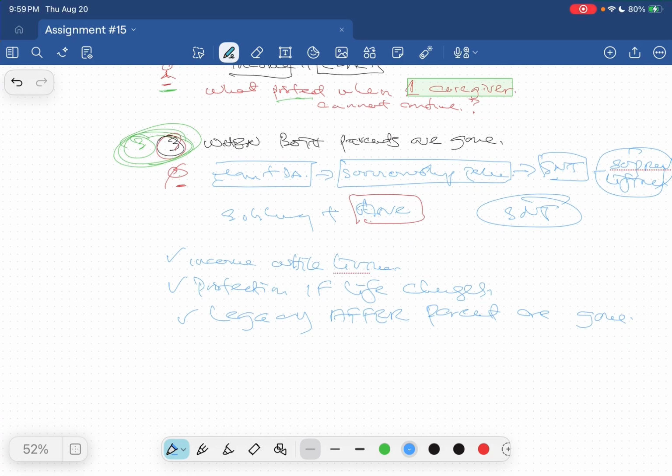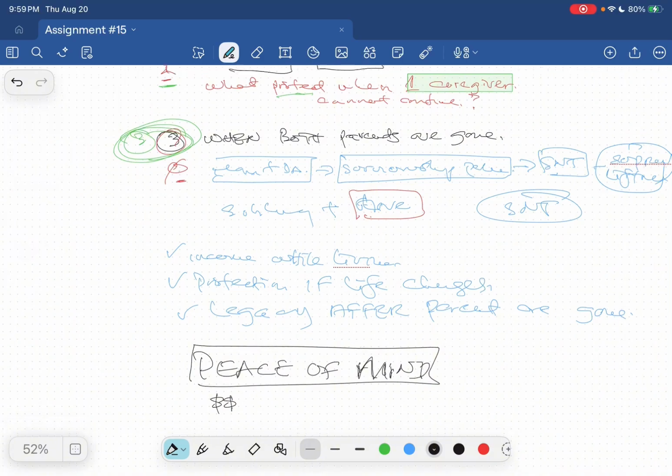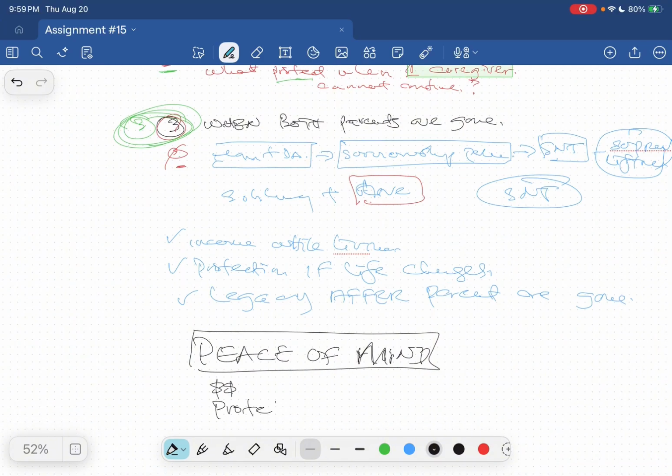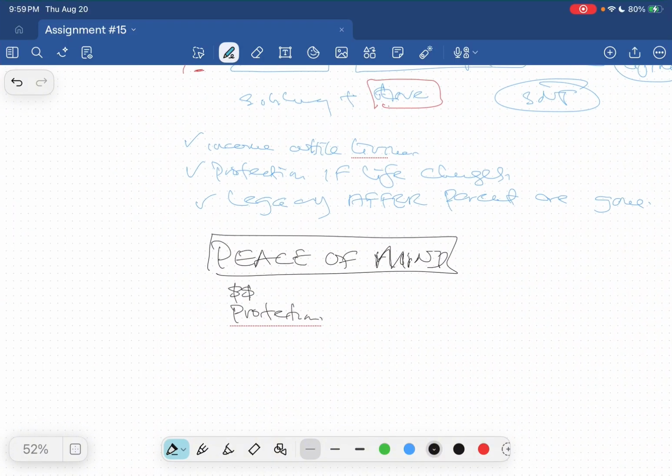What this really provides the family is peace of mind, knowing that everything will be in place. So this is the entire picture where we're creating income while the parents are living. We're creating protection if illness, disability, or death disrupt the plan, and we're establishing resources for loved ones after both parents are gone.